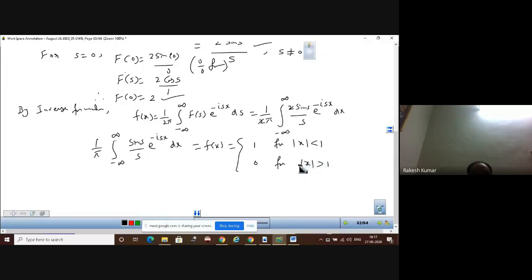What we want to do is put x equal to 0. What shall we get? You will get 1 over pi, integral from minus infinity to infinity of sin s over s, e raised to power 0.